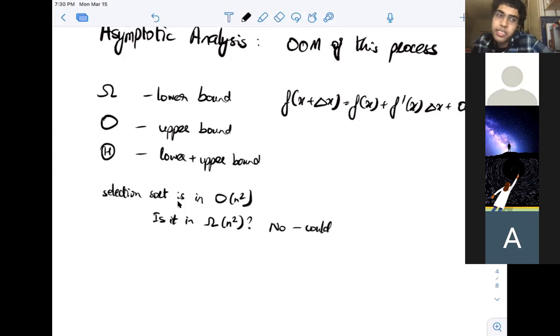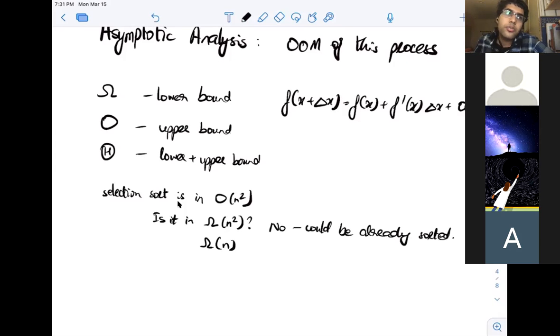I think I could have written the actual implementation a little more efficiently for that. A lot of sorting algorithms out there check to see if it's already solved, because that's an O of n problem. So we say it's in omega of n, because that's the minimum amount of time it will take.